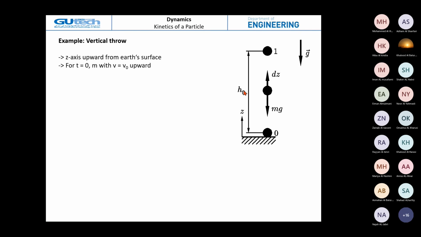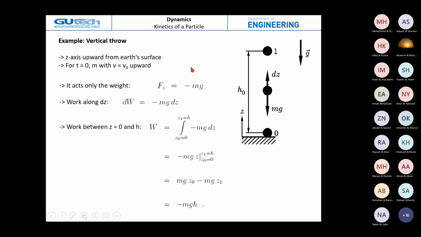At time t0 we give a certain initial velocity v0, reaching at time t1 the height h0. We have gravitational acceleration g. At t1, the velocity will reach the value 0. It will vanish.